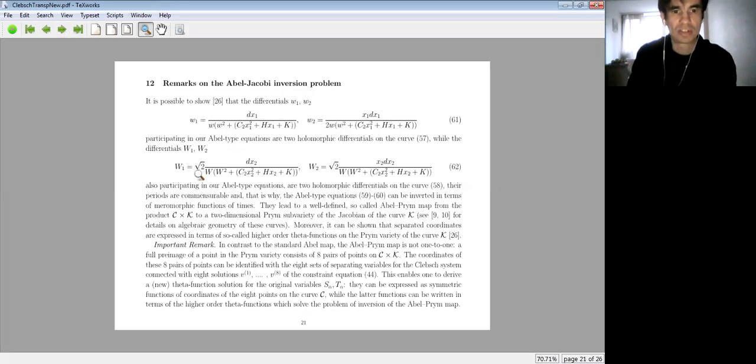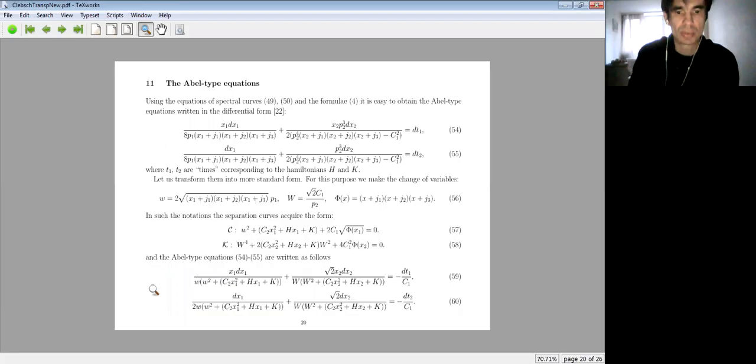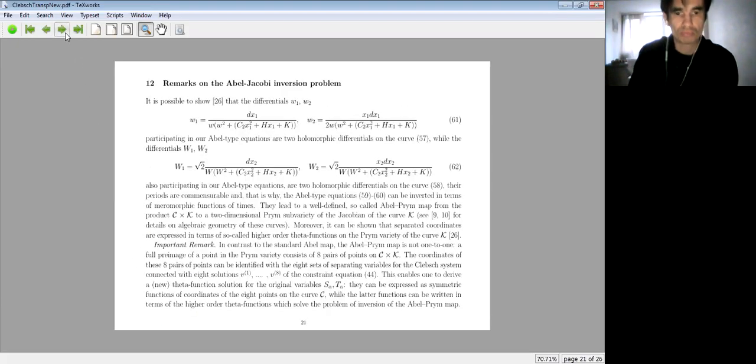This factor, this radical, is important because with this radical, after all, the periods of the differentials become commensurable, and that is why our new Abel type equations 59, 60 can be inverted in terms of meromorphic functions of times.